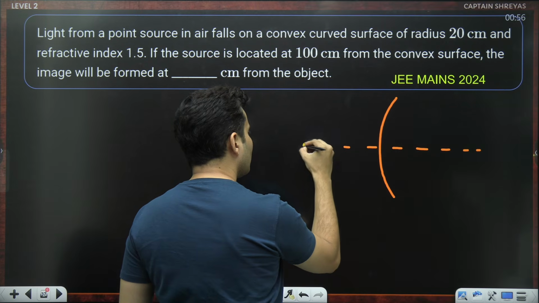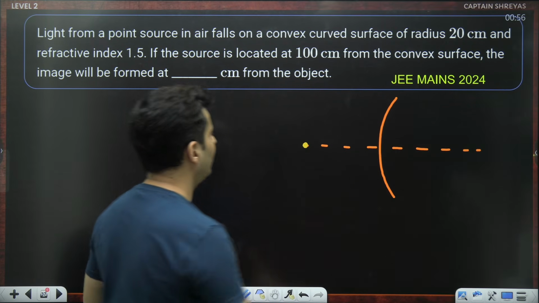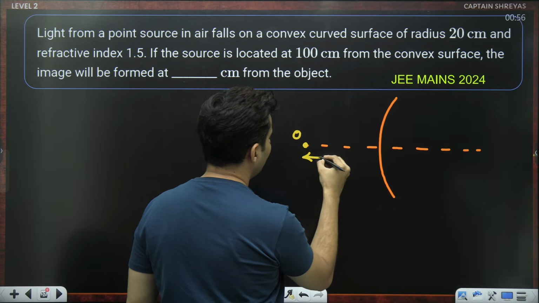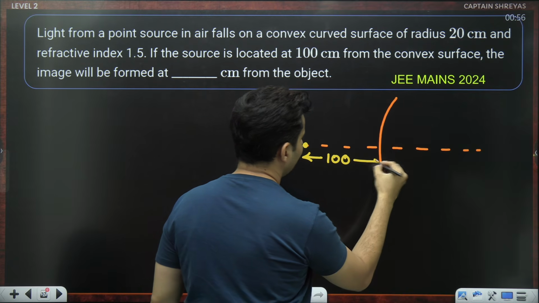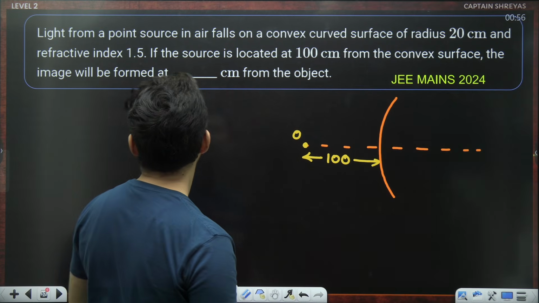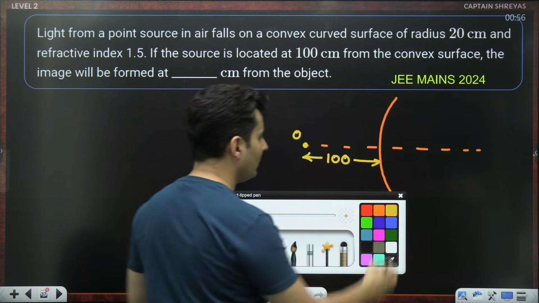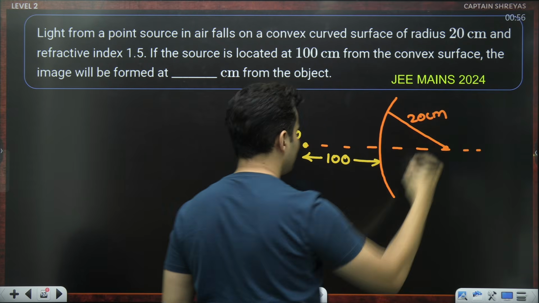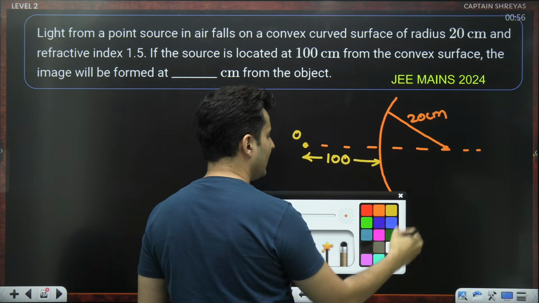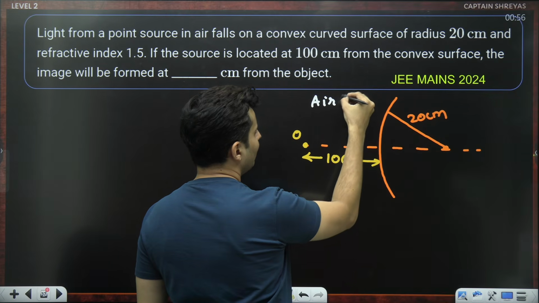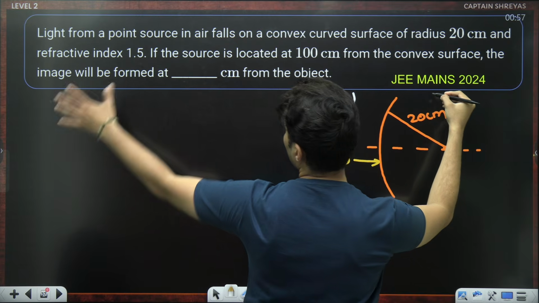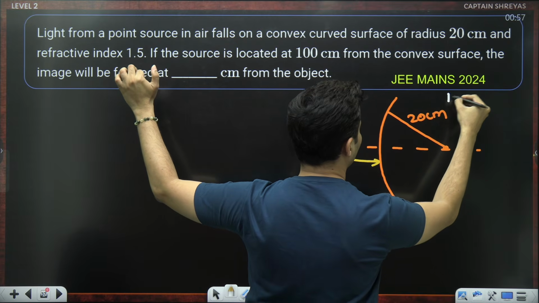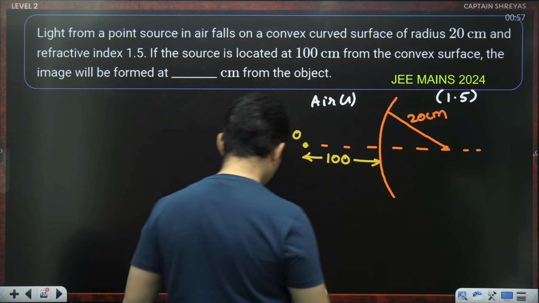You have a source of light which is 100 centimeters away, which we can treat like the object. Now the radius of curvature is 20 centimeters, and this side is basically air, so refractive index is 1, and this side is made of some medium, so refractive index is 1.5.